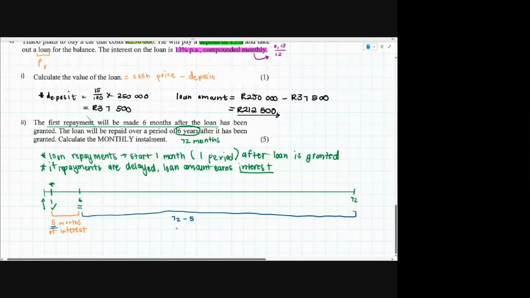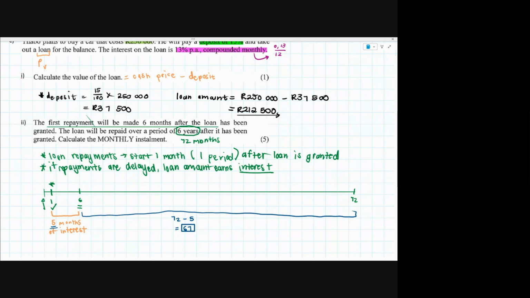So 72 minus 5. I need to catch up all my repayments in 67 months now. Why 67? Well, again, the first 5 months of repayments you didn't make, but you earned interest. And a loan should never go on, or in our scenario, will never go on longer than the period allocated to it. Okay, you never want to have your loan for longer than necessary because you end up paying more and more interest.